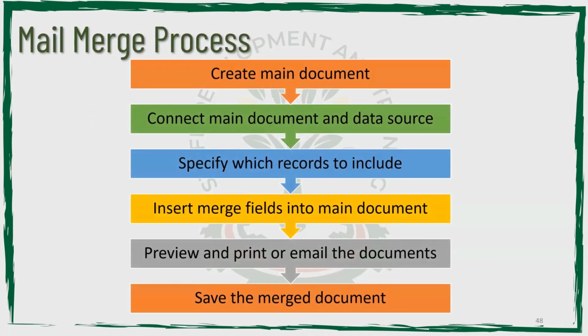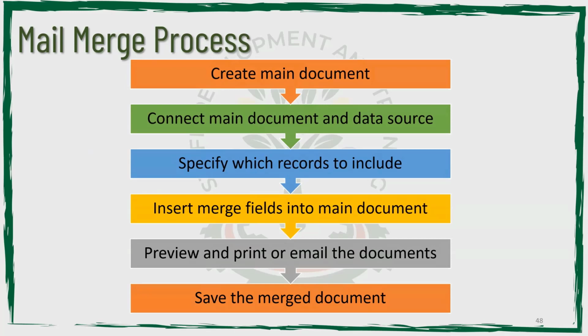So the mail merge process, again: first you need to create your main document, then connect the main document, which is the certificate document, to your data source, which is the data set with the names and information. You need to specify which records to include.